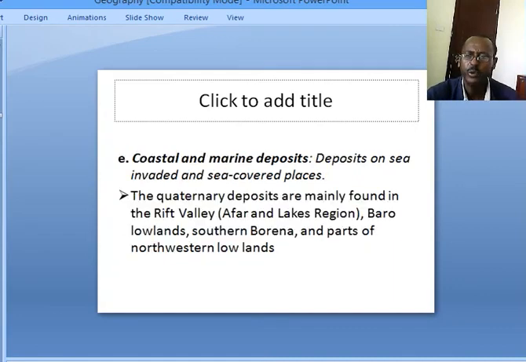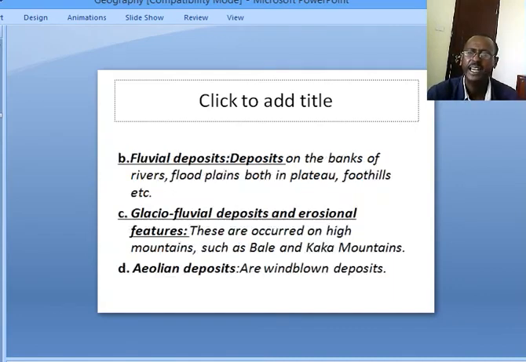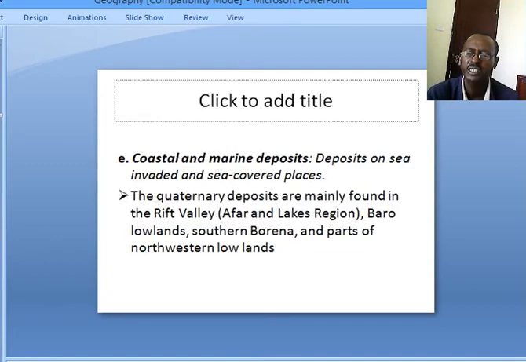The fourth one is a deposit that has resulted because of wind. If wind brings sediments and deposits them in some area, or wind-blown deposit, we call it aeolian deposit. So these different namings are given in such a way.